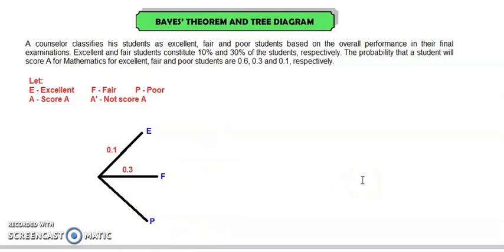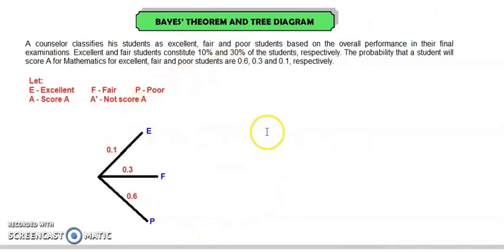Recall the total probability must be equal to 1, so the total for one event must be equal to 1. So how to get the probability of poor students? You use the complement rule. 0.1 plus 0.3 is 0.4, so the balance will be 0.6, that is 1 minus 0.4.